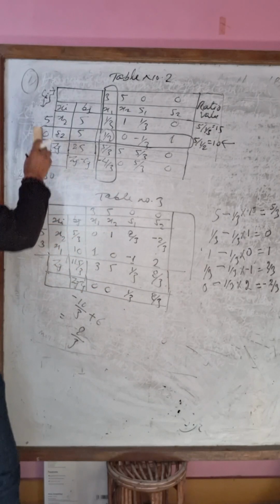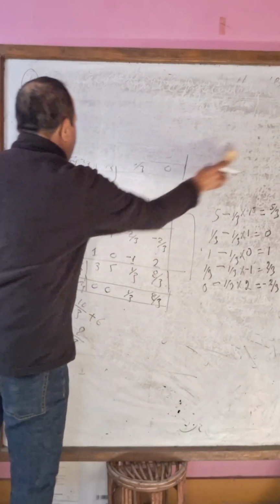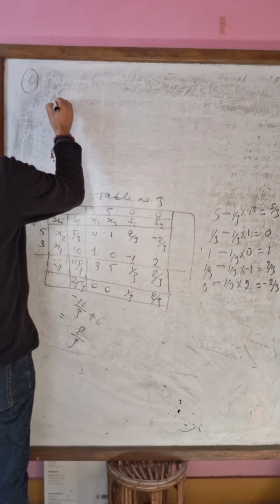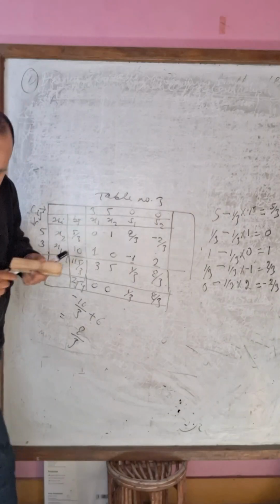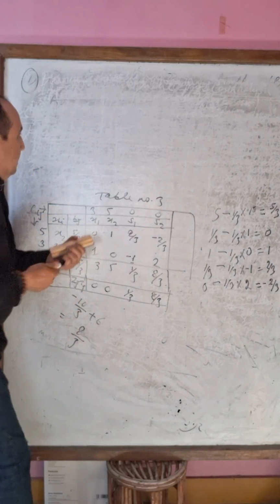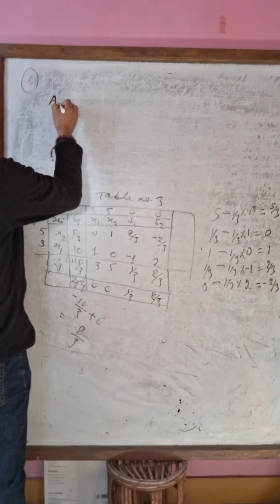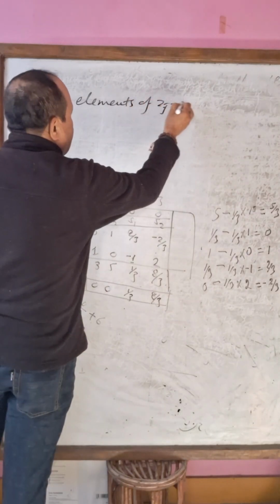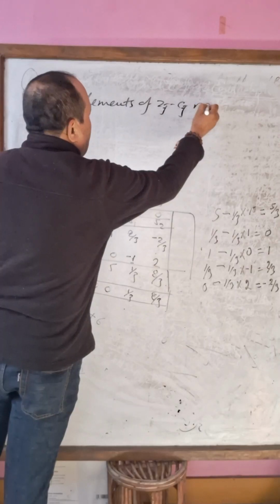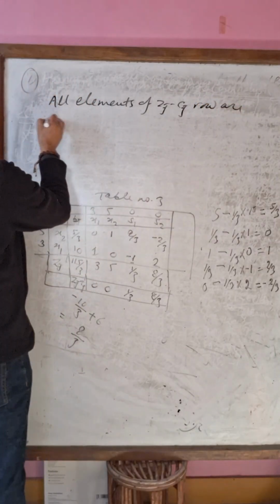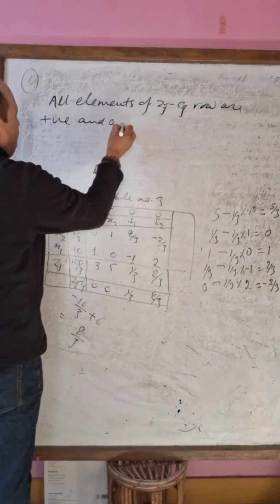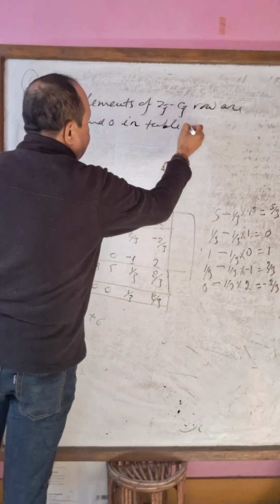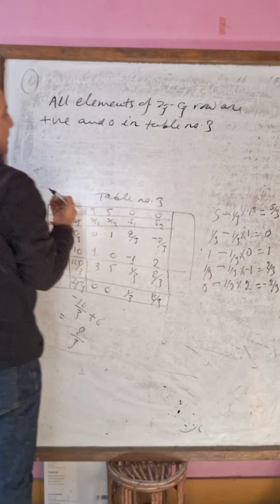So you write one line there. All elements of the Zj minus Cj row are positive and 0 in table number 3.